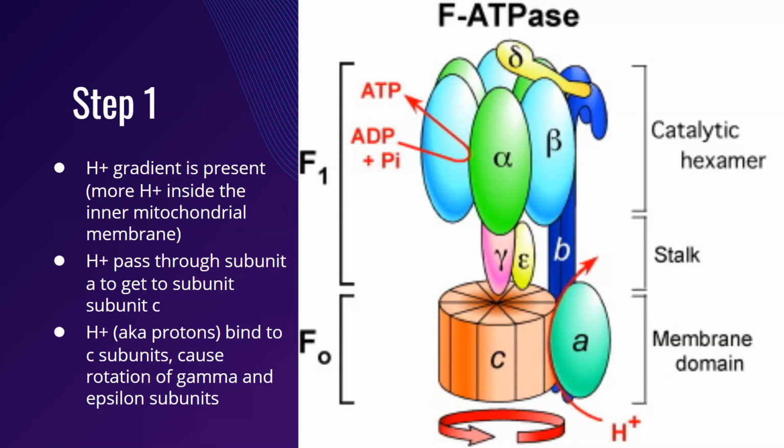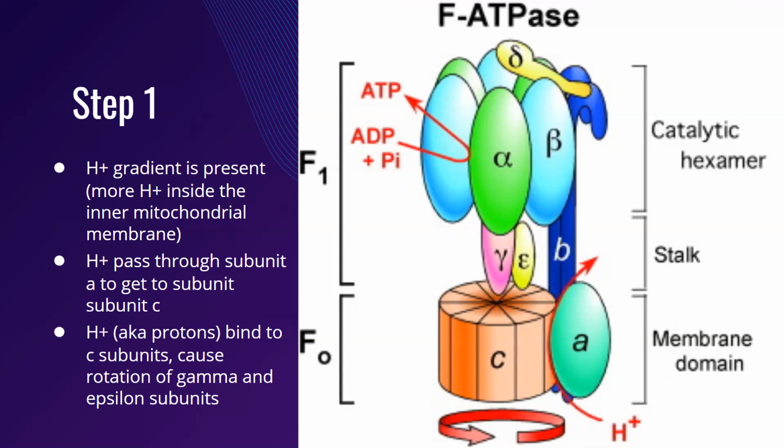And with this hydrogen ion going through and attaching to the C subunit, that's going to cause it to rotate, sort of like a water wheel with the flow of water. It's going to move in a specific direction, and after 3 hydrogen ions, there's going to be enough energy of rotation to be able to have the conformational change of that beta subunit, but we're not quite there yet.